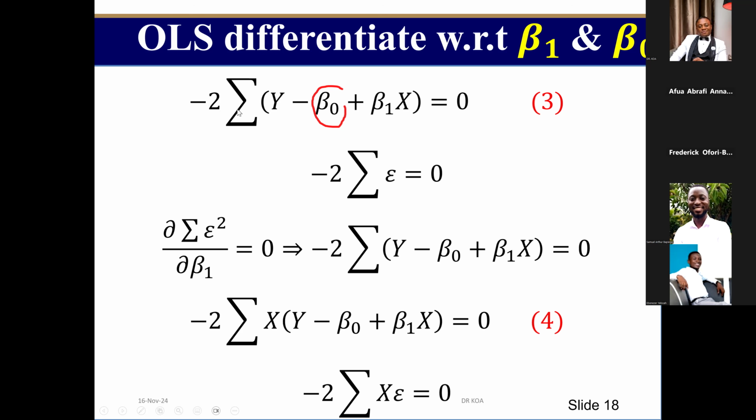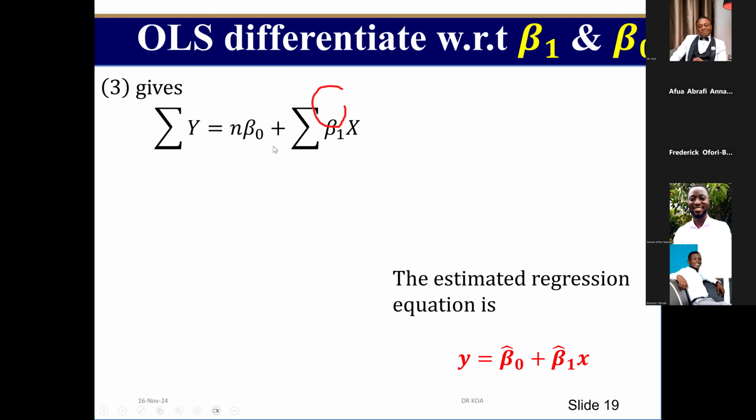If you multiply this summation by y, you get sigma y, okay? But it's also divided by n, so you get a mean for that. So that is what you see here. You get sigma y for this, you get n for that. And then for the x, you get sigma beta 1 x.